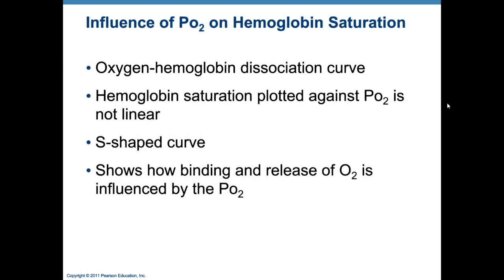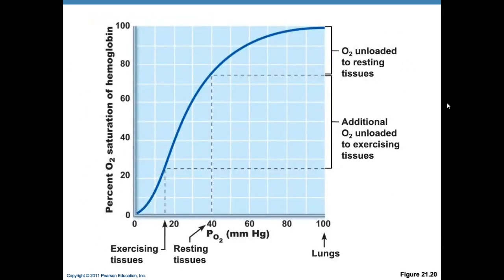So, the oxygen hemoglobin dissociation curve, we'll look at this on the graph, and I'd rather look at it than explain it. But if you look at what we have going on with the percent oxygen saturation of hemoglobin and then the partial pressure of oxygen, if we have 100 here, then we basically can go up and saturate everything. And this goes back to that 25%, 50%, 75%, 100% saturation we looked at in the other curve in the last video.